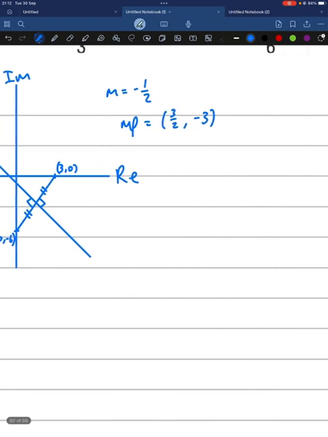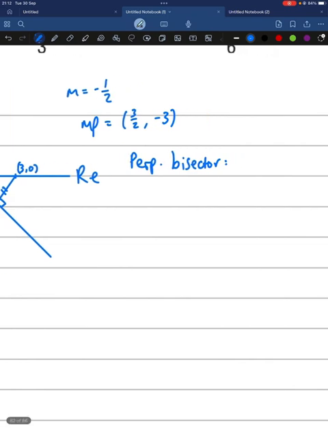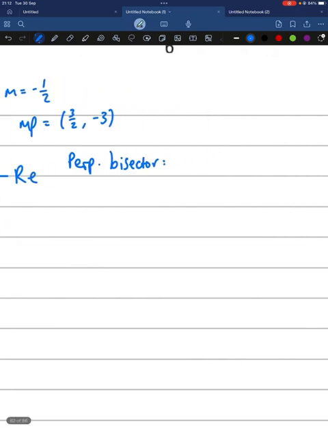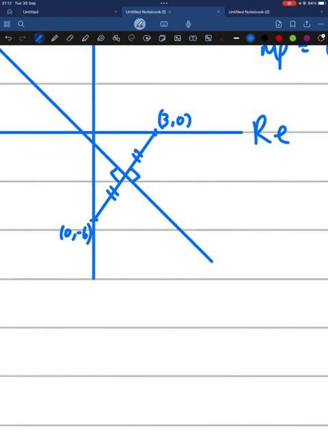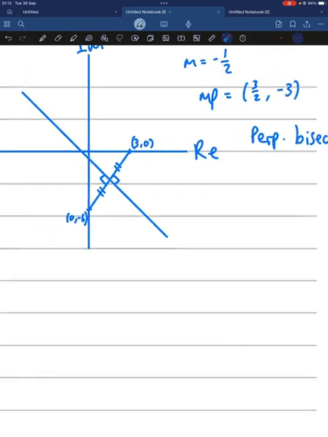So therefore the equation of the perpendicular bisector, using y minus y1, we get y plus 3 is equal to m, minus a half, times x minus 3 over 2. Right, now we want to find the y-intercept and the x-intercept.